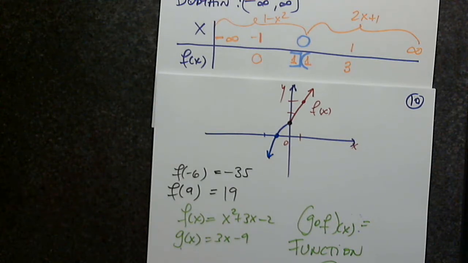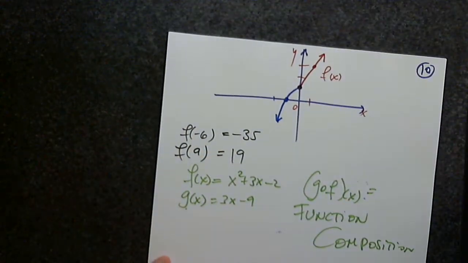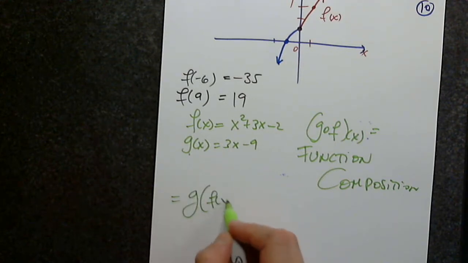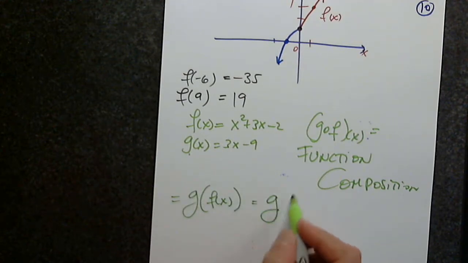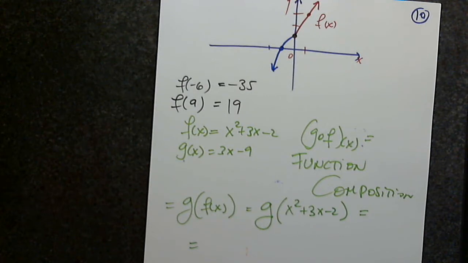Substituting the 3. So I guess you would do 3x minus 9. Let's write the definition first, because it will be easier to identify the next step. You have to plug in. So we write g of f of x, which is x squared plus 3x minus 2. And now I stop and look at g. Any questions? Okay.